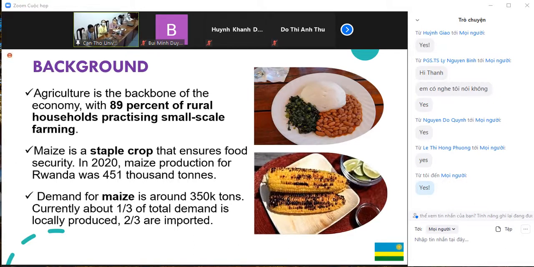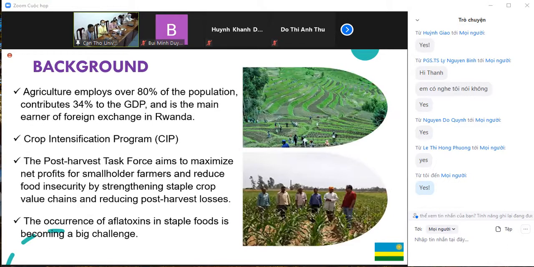80% of the population of Rwanda is employed by agriculture, and agriculture contributes 34% of the GDP of the country. Crop intensification, which aims at land use management and the provision of fertilizers and agricultural inputs, is one of the programs that Rwanda is initiating to have secure food.